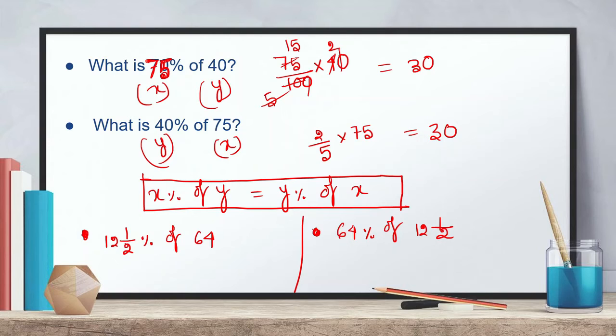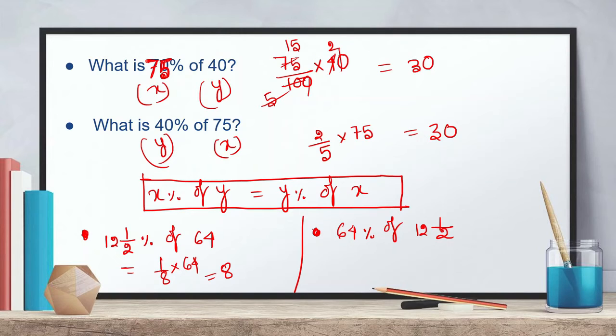Okay, the first question we can solve within a second. How? Because we remember 12 whole 1 by 2 percentage is equal to 1 by 8. And it is 1 by 8 of, that means multiply 64, equal to 8. So 12 whole 1 by 2 percentage of 64 is equal to 8.